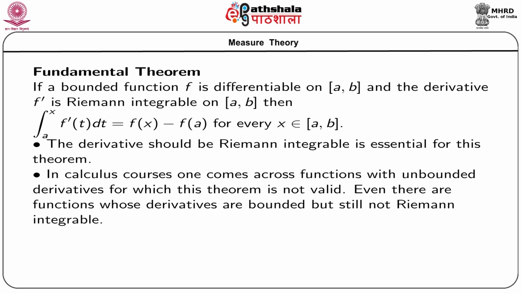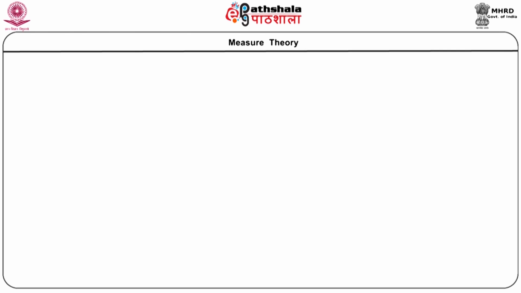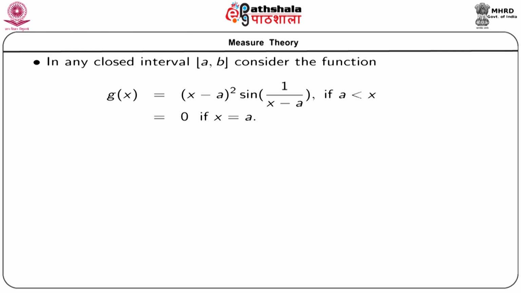So, for these functions this theorem is not valid, and even there are functions whose derivatives are bounded, but still the derivatives are not Riemann integrable. The example is not at all easy, as I have said. So, let us start to construct the example.